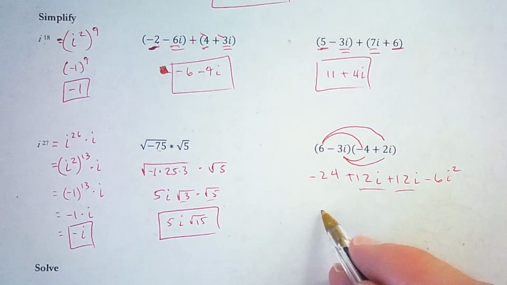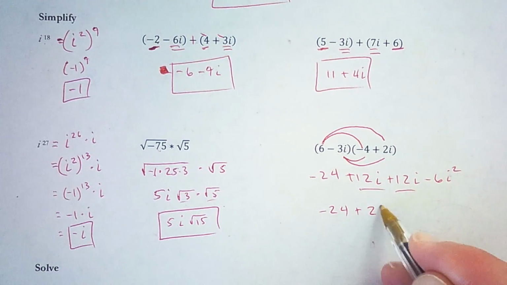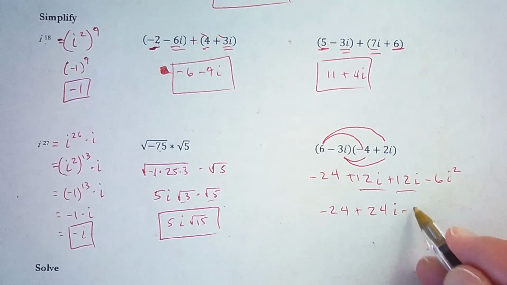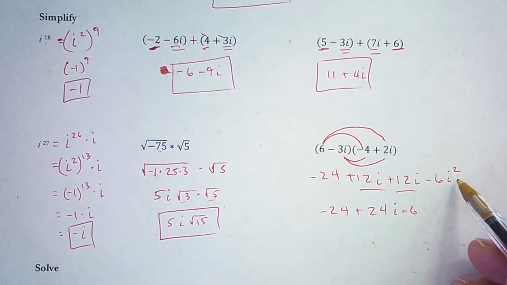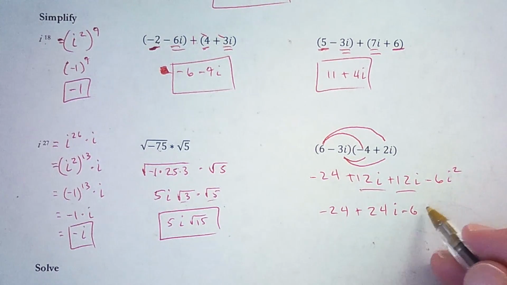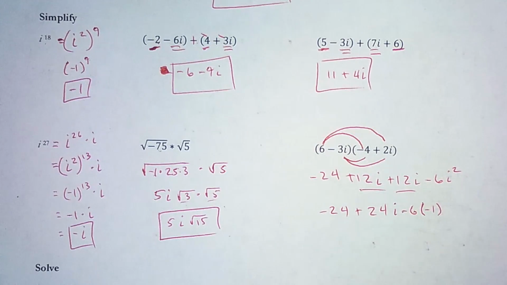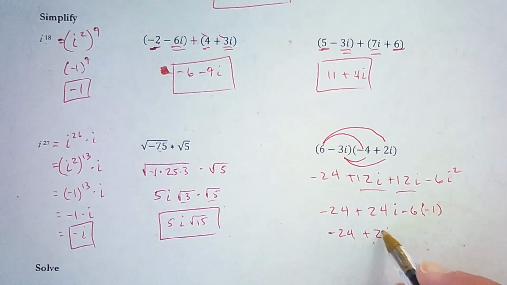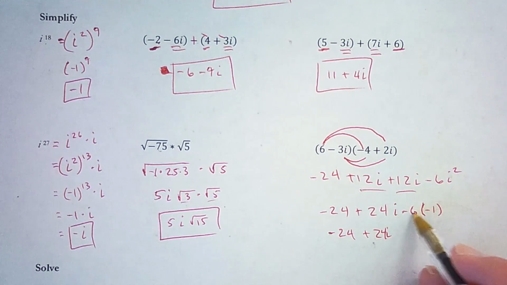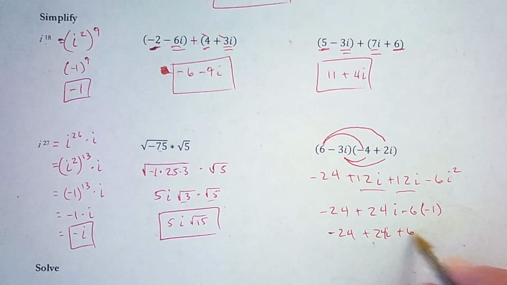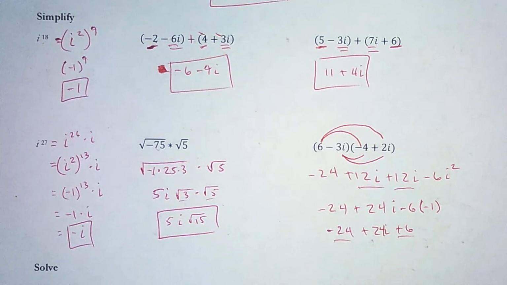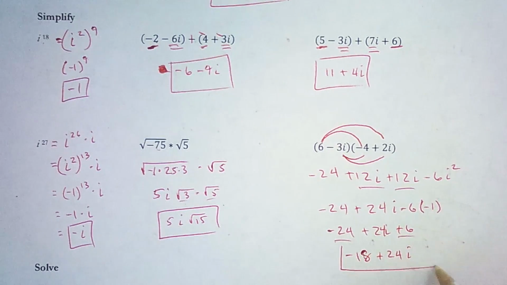I have like terms here, so that's -24 plus 24i minus 6i squared, and i squared has a value of -1, so that's going to be times -1. So that's -24 plus 24i. -6 times -1 is +6. And now I can combine these like terms. -24 plus 6 is -18, then plus 24i.